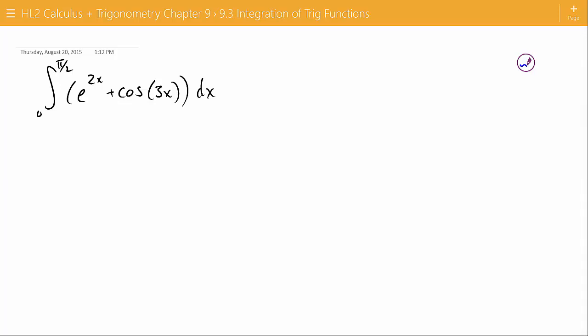Wouldn't that be fun? Heck, yes, you're saying. Can't wait. So, the integral from 0 to pi over 2 of e to the 2x plus cosine 3x dx. Depending on how comfortable you are, you might want to split this into two separate integrals, and I'm going to leave the constant of integration off for now.